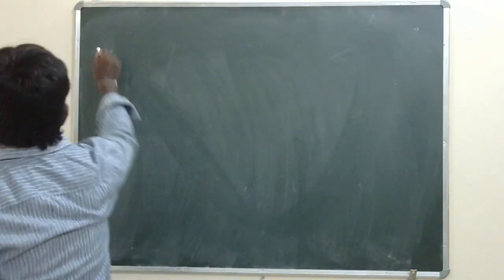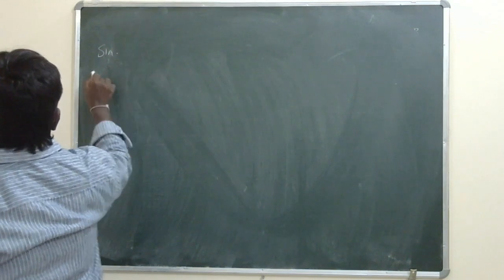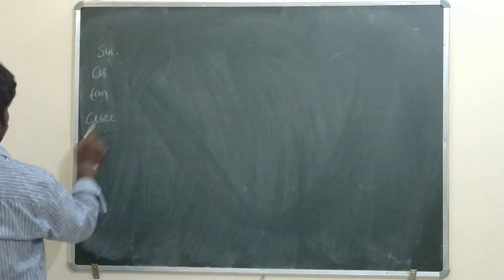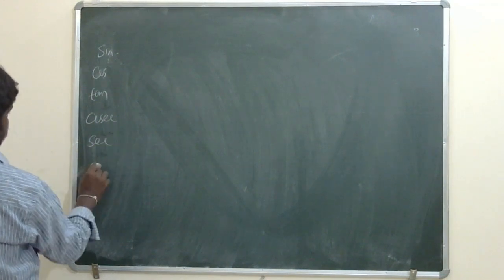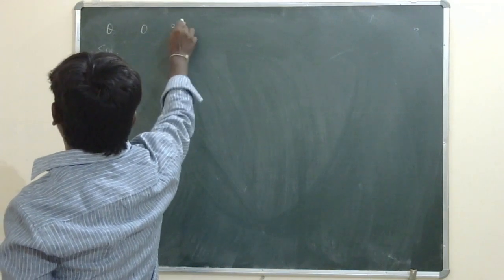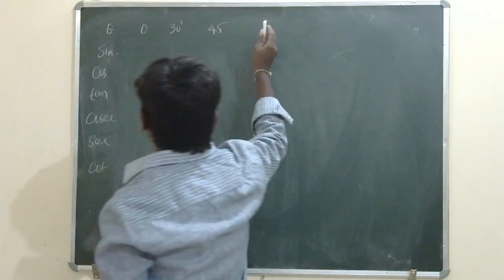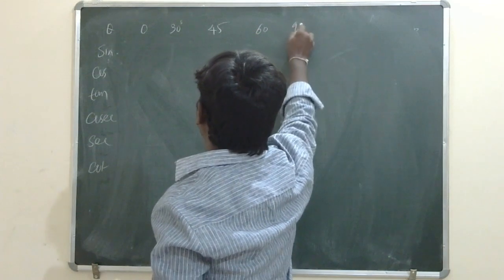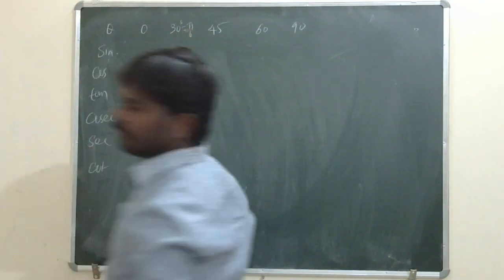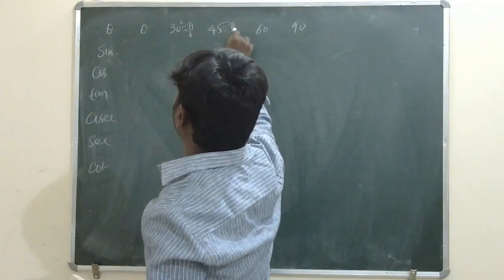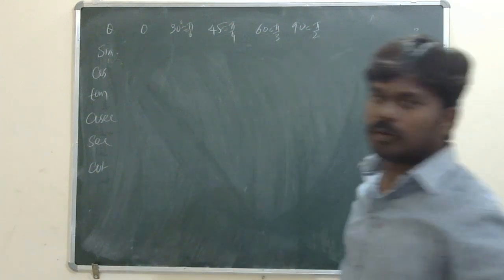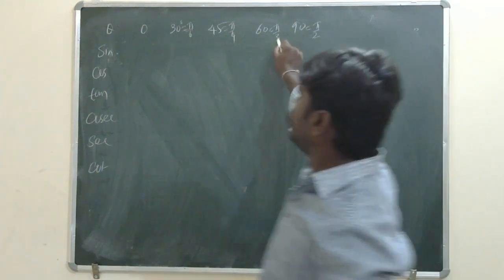So sin theta, or sin, cos, tan, cosecant, secant and cot. The theta values are given here: 0, 30, 45, 60 and 90. Or else we can write them as pi by 6, pi by 4, pi by 3 and pi by 2, in terms of radians and in terms of degrees.